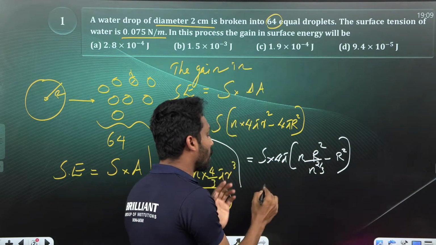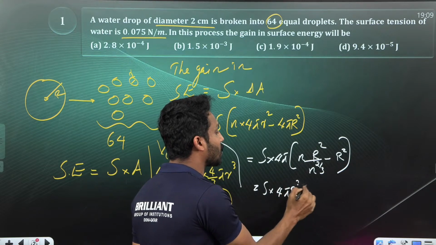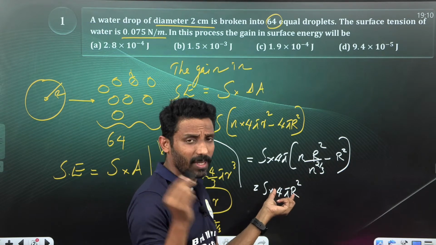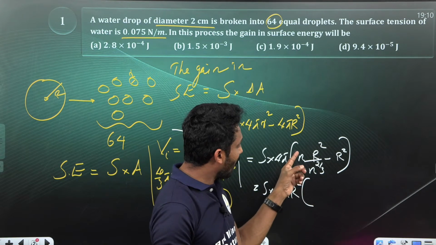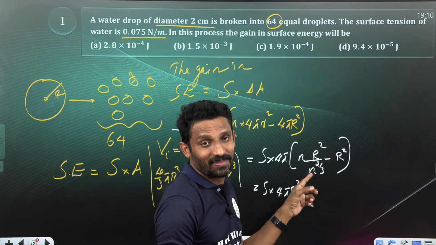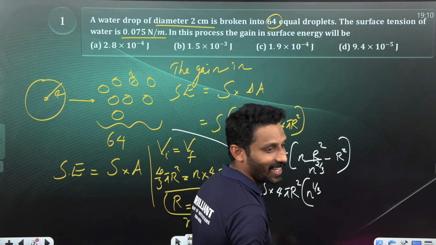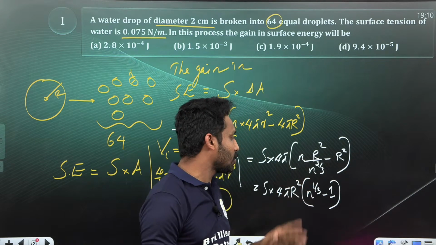R square can also be taken outside. So this is S into 4 pi R square, the surface area of the bigger drop, into, in the bracket, n divided by n raised to 2 by 3, that is equal to n raised to 1 by 3, minus 1.